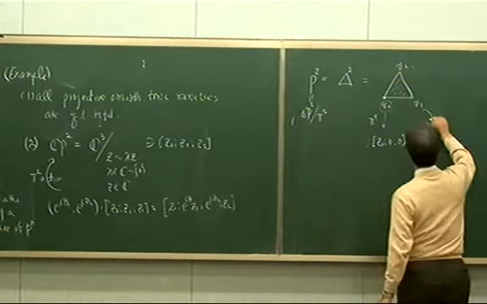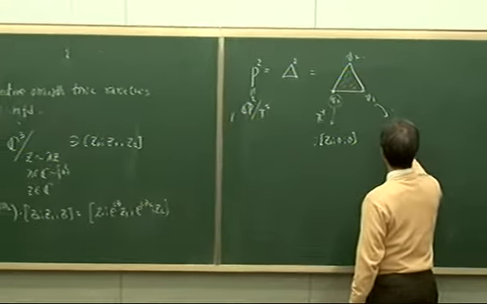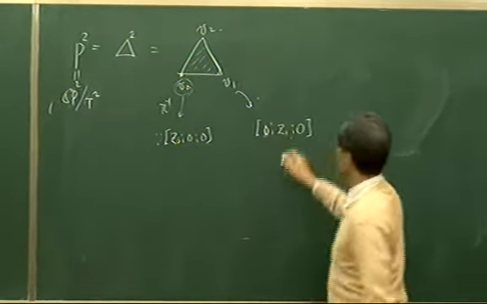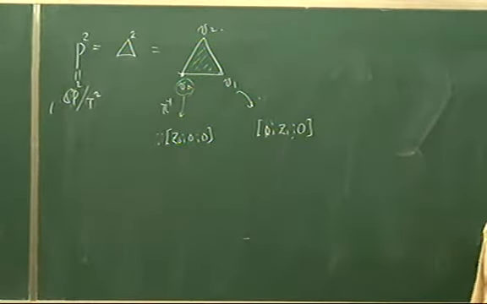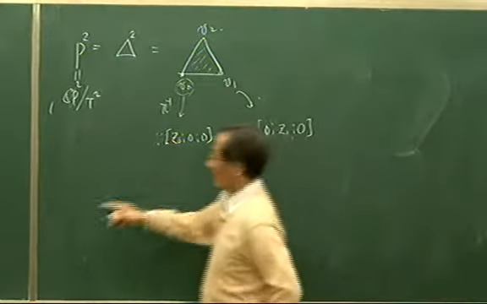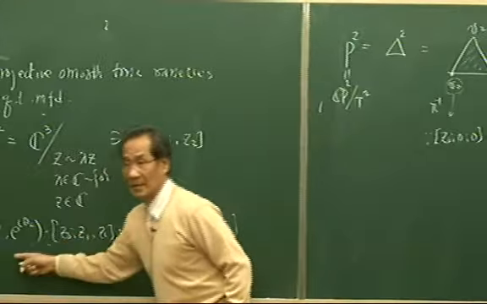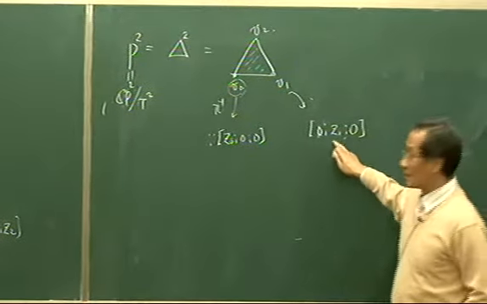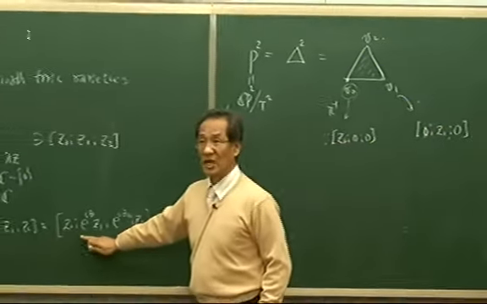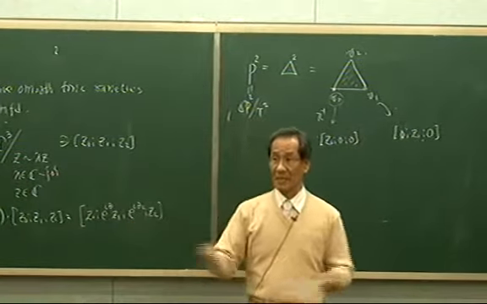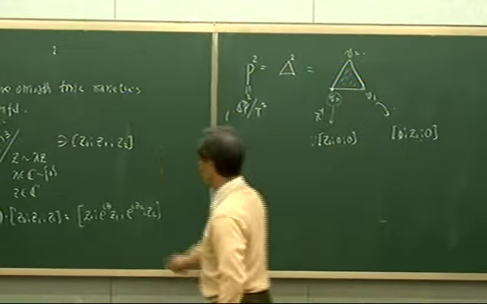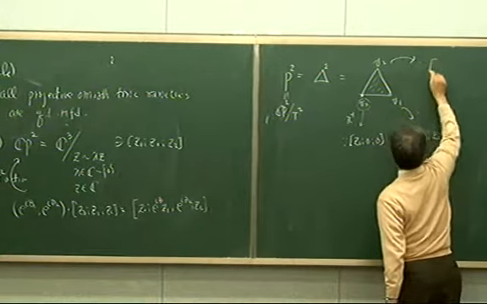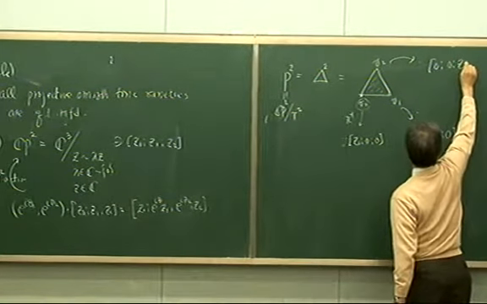Another one is 0, Z1, 0. When you multiply by a group element here, the second term is multiplied by a non-zero constant. In projective space, they are the same because of this relation. So it doesn't move. And this one goes to 0, 0, Z1.